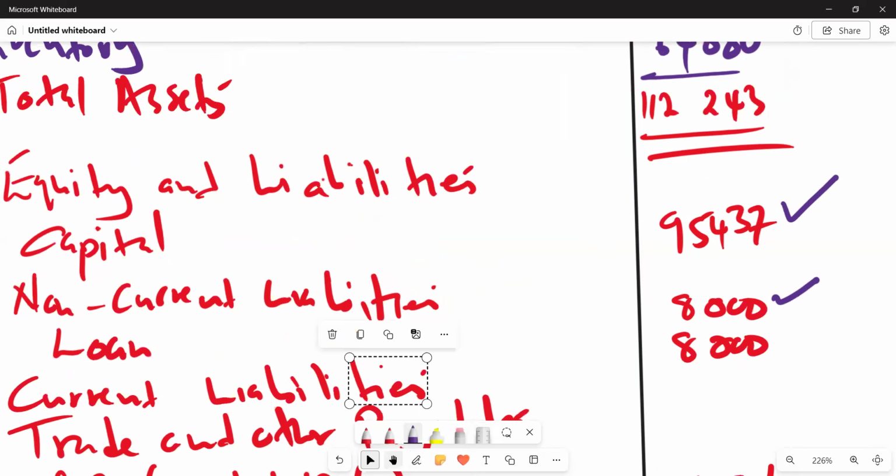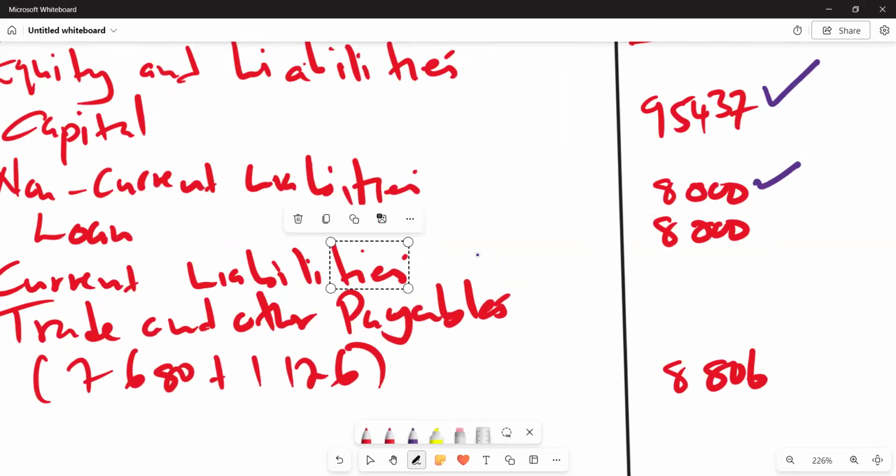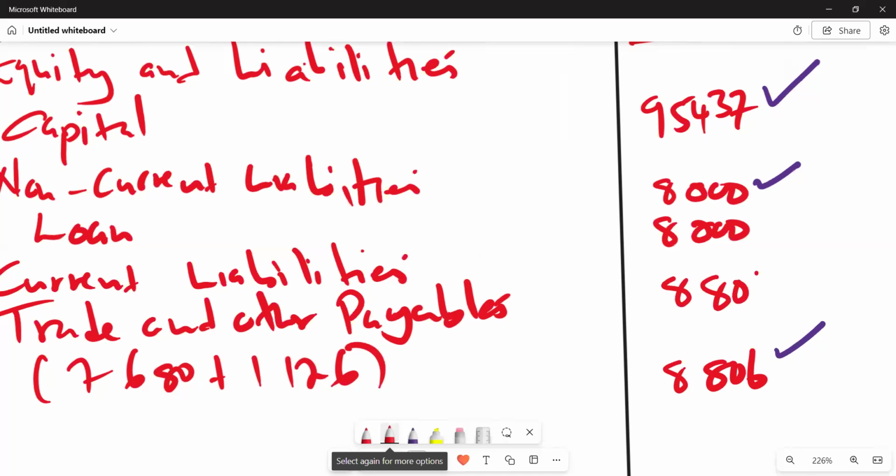We go down. We are left with the current liabilities figure, which is 8,806. So remember, after putting your 8,806, it's supposed also to come with the description of our current liabilities. Remember, we might have many current liabilities beneath here that we may list. After listing them, we add, and the total should come here. In this case, we've got only one, so it's going to come here as 8,806 as our total for current liabilities.